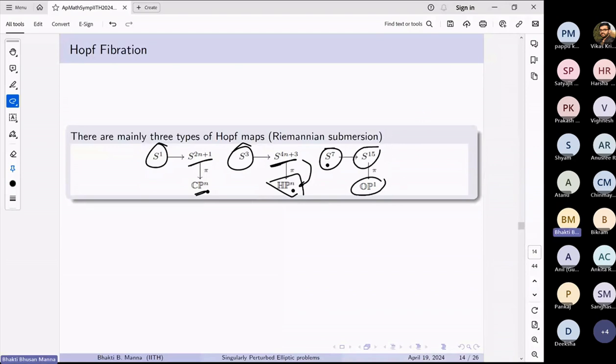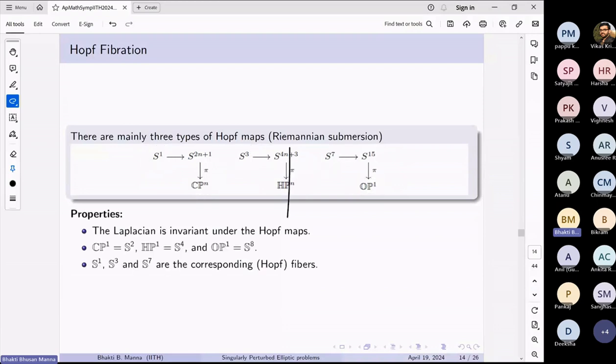There are special cases: CP^1 is S^2, HP^1 is S^4, and OP^1 is S^8. These special cases we can use to produce S^1, S^3, and S^7 concentration, which are basically the Hopf fibers. We shall discuss one concrete example, which at least gives us the Hopf fibers.